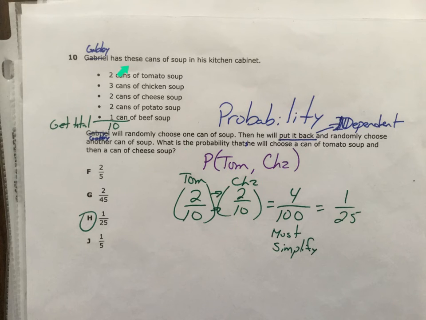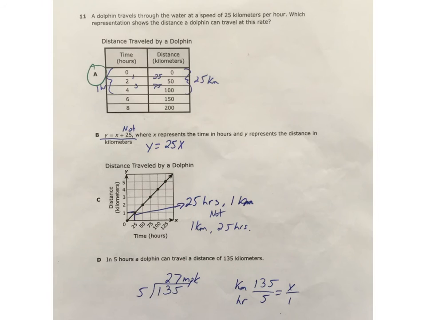You look for tomato, and that's 2 out of 10. It's 2 tenths. And cheese, because I put that tomato can back, there's still 10, and there's 2 out of 10. And you multiply straight across. Don't forget to simplify.